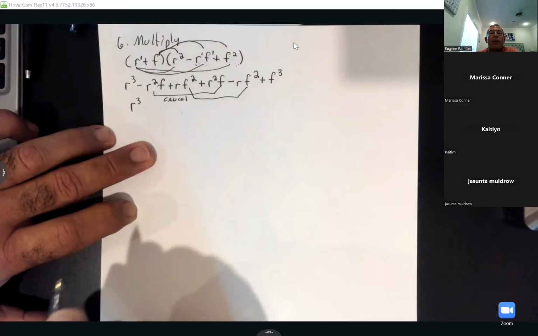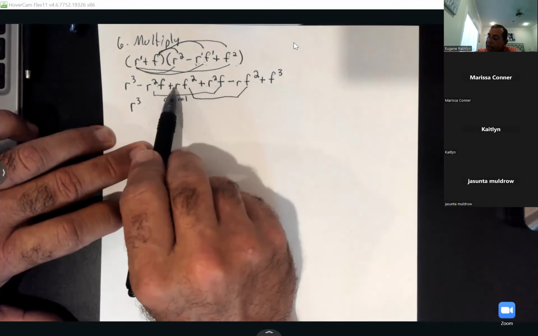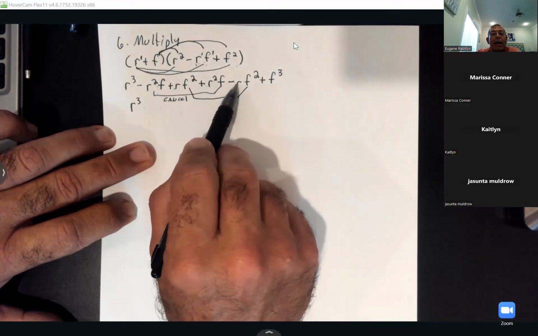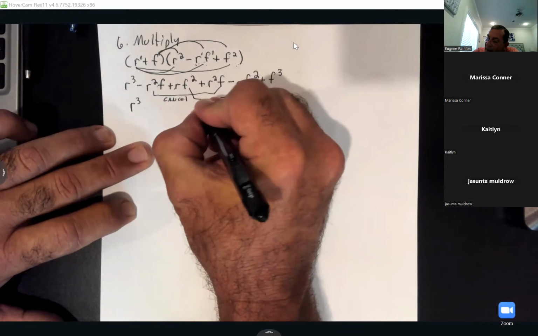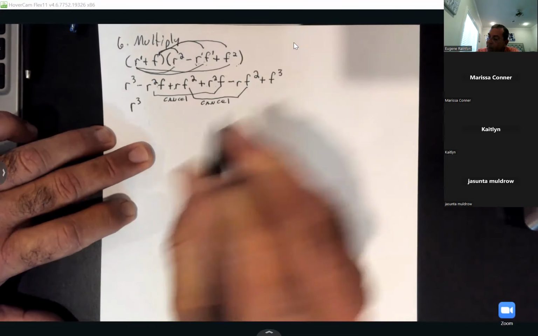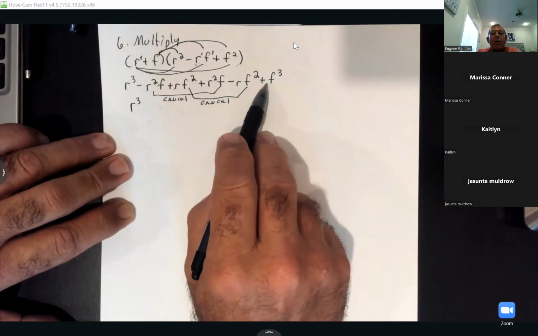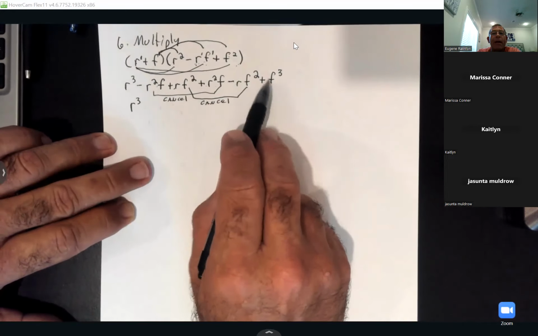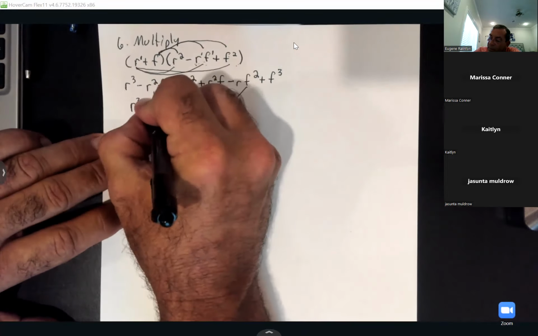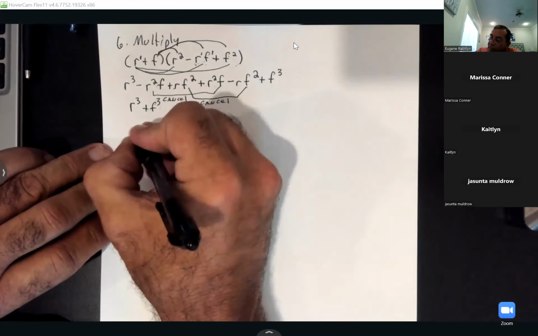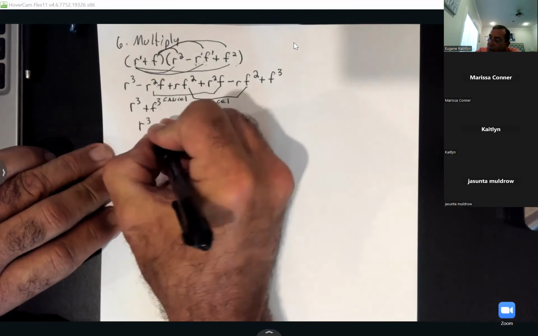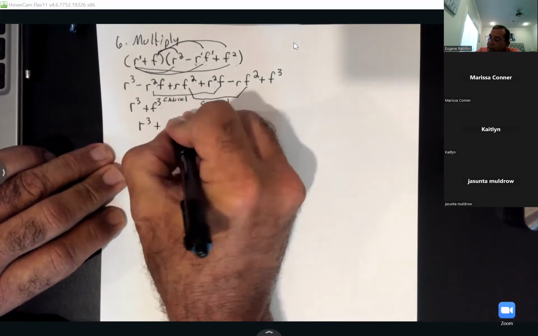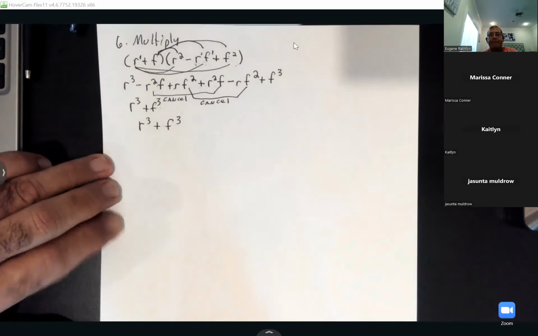Well, once again, I got a positive 1 and a negative 1. So those factors cancel out. So all I got to do now is bring down my positive F to the third. So my final answer is R cubed plus F cubed.